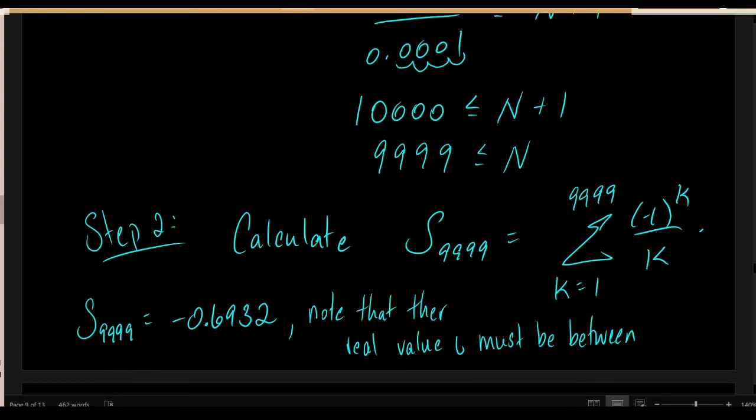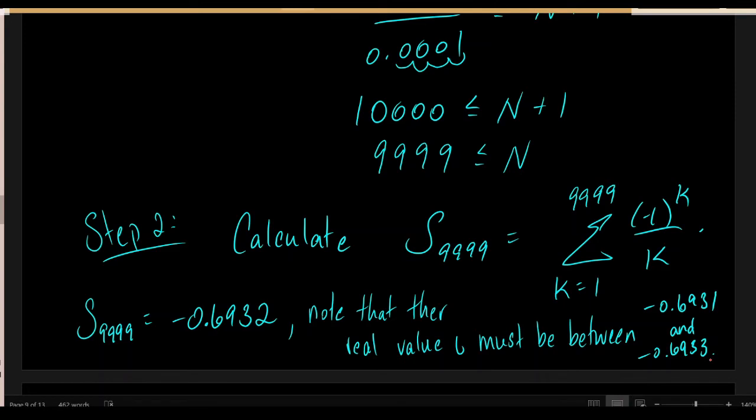If I go up from that number, I get -0.6931, and if I go down from that number, I get -0.6933. So the true value of the series must live somewhere between these two values.